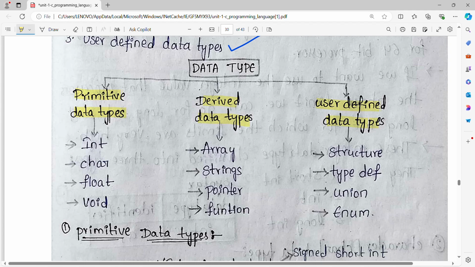Actually it is four types including void, but void does not have any values; we can't store any values. That is a different concept. See here, int. The full form of int is integer. Int is a keyword, written in small letters. All keywords should be written in small characters.